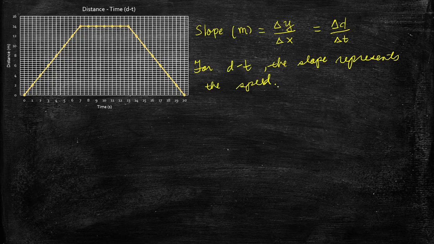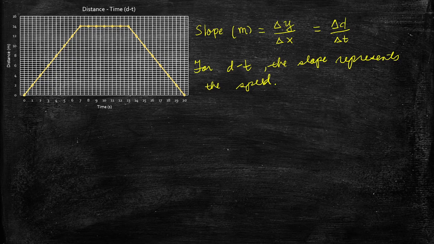Now let us investigate further what the graph tries to tell us. So if you see a graph leaning towards the right, what does it tell us about the motion of the object? It tells us that the object is gaining distance as the time progresses. And as it gains distance, it also acquires a certain quantity known as speed.